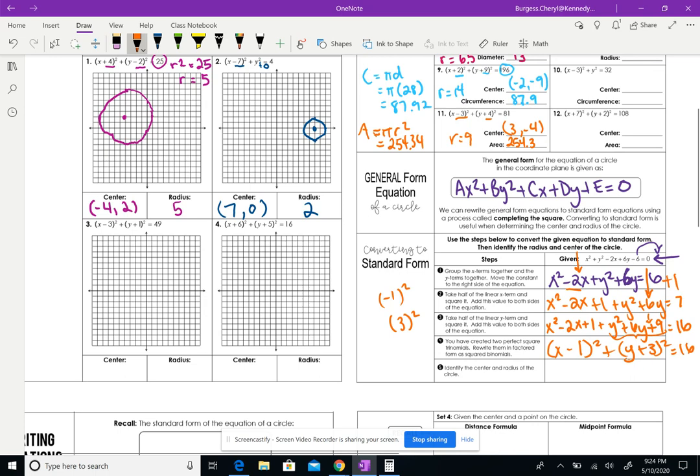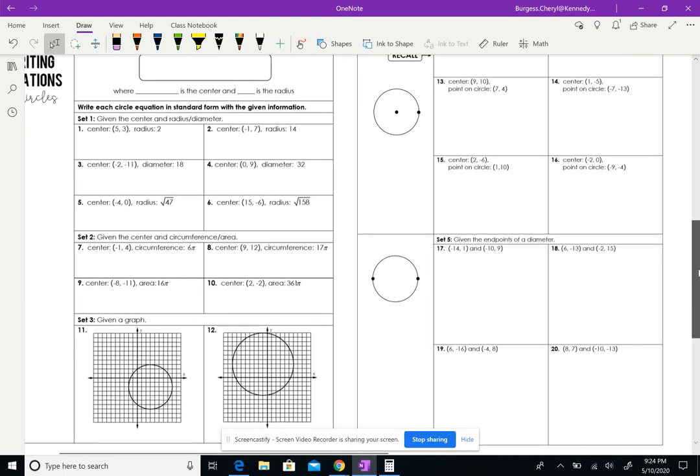Okay, so we got it into standard form. Perfect. We just identify the center and radius now. So our center, right, we've been doing that all throughout this lesson so far. Our center is going to be 1, negative 3, and our radius is 4. Hopefully you can follow that, and if you can't, there's lots of videos online that will help you.